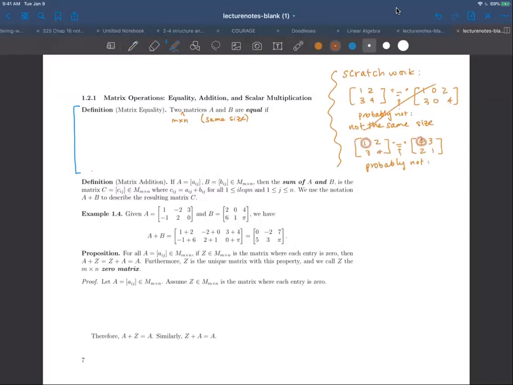I probably want those to match. So what I want to say is that these are equal if, I'll use the bracket notation, bracket Aij equals bracket Bij for all i between 1 and m, and j between 1 and n, right? So they have the same entries in the same position.